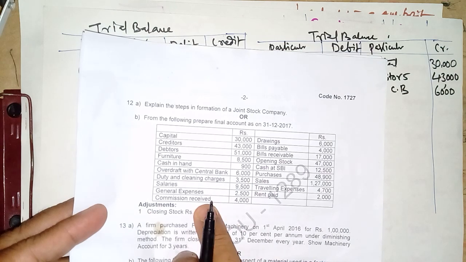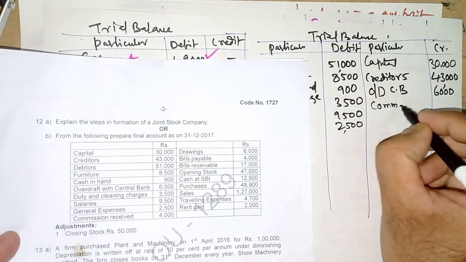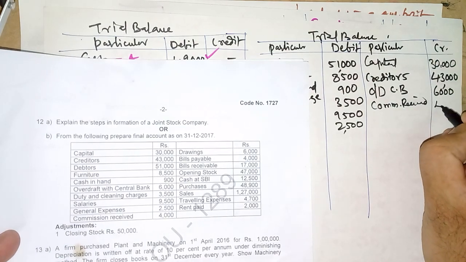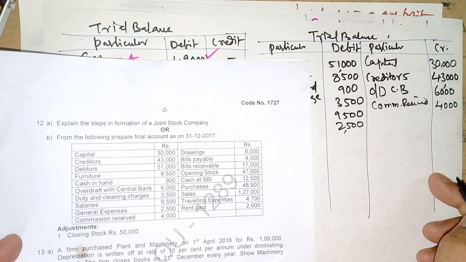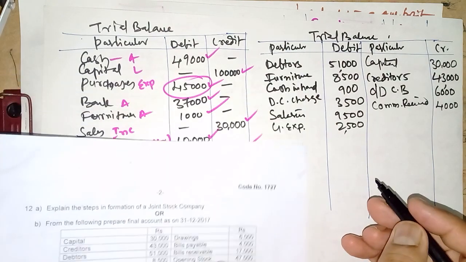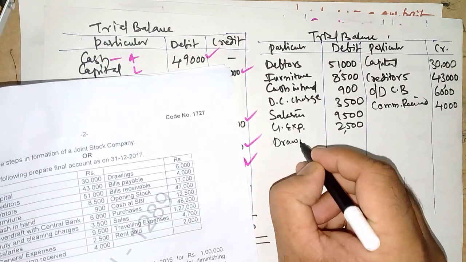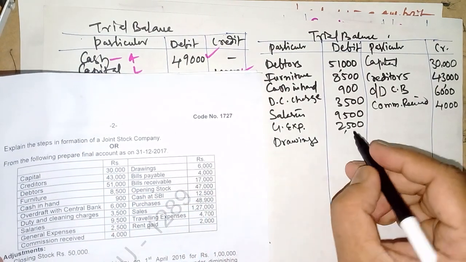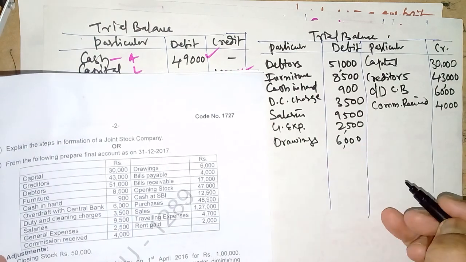Commission received is income and always shows a credit balance. How much have we received? 4,000. Then drawings always show a debit balance. Drawings is the amount withdrawn by the proprietor for his personal use, so 6,000 debit.